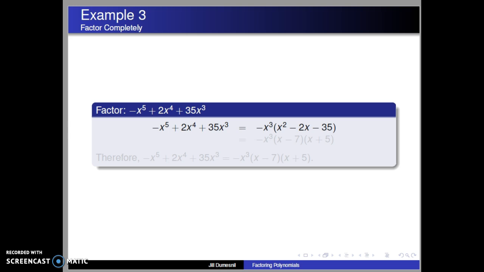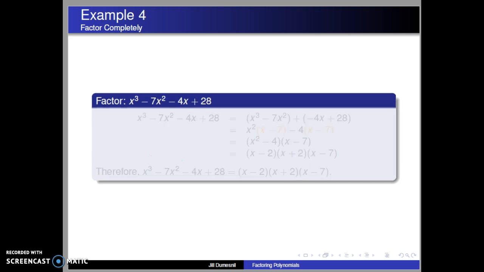This trinomial can be factored if we can find 2 numbers that multiply to negative 35 and add to negative 2. Negative 7 and plus 5 satisfy those requirements, and therefore our original polynomial factors as negative x cubed times x minus 7 times x plus 5.